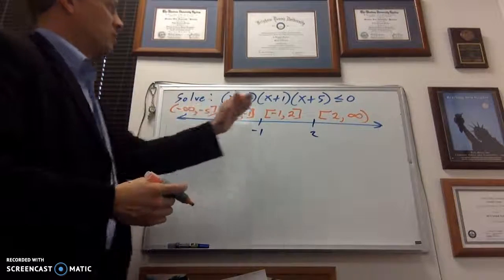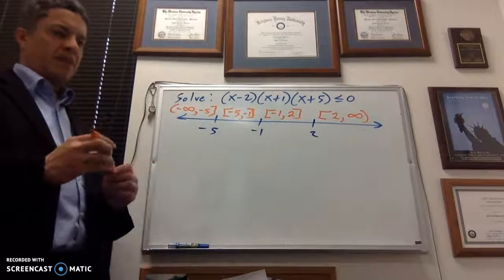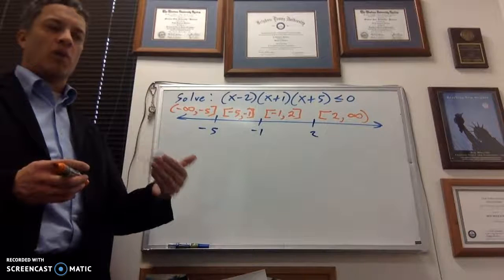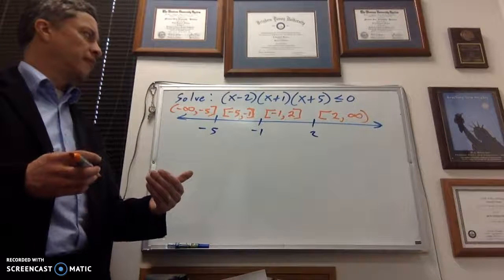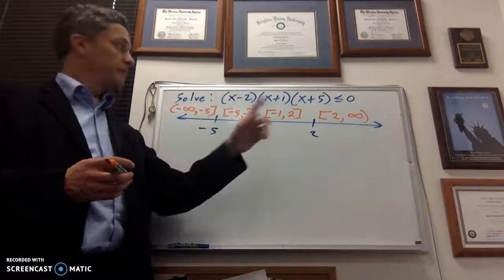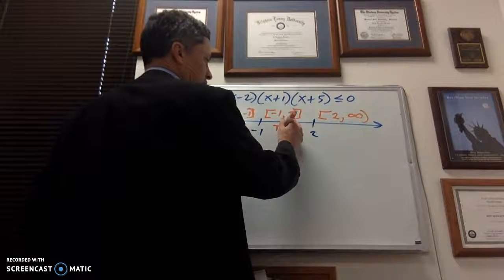So I've got 1, 2, 3, 4 intervals. You could test all of them if you really want to, and I probably will, just to show you that the shortcut I'm about to show you works. But here's the deal. I'm going to find the interval that has 0 in it, and test just that interval for now.